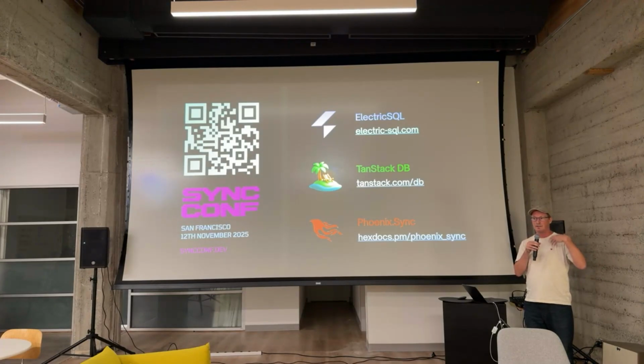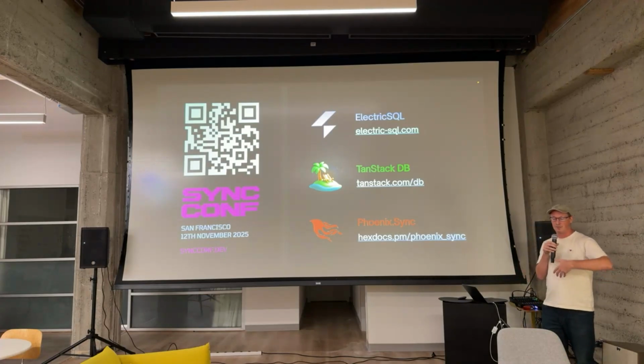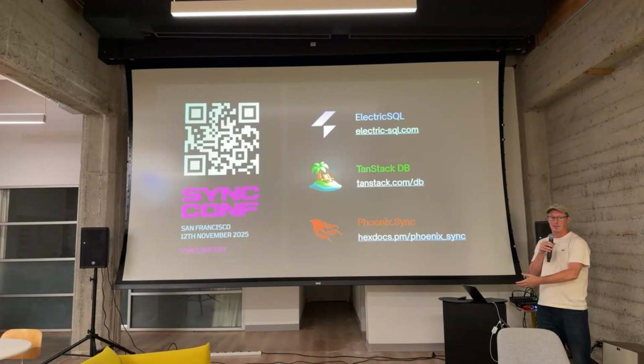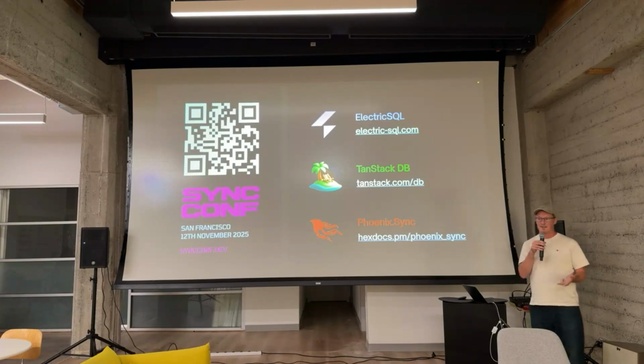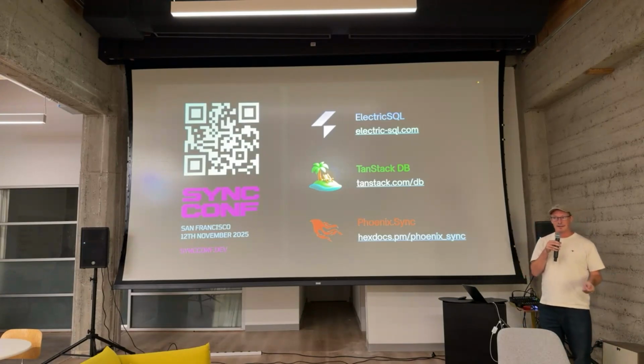The storage primitive is called a collection. You can call your REST API and put the results in the collection. You can have a sync engine, and there are lots of different adapters now, like Electric, Trailbase, RxDB, et cetera.